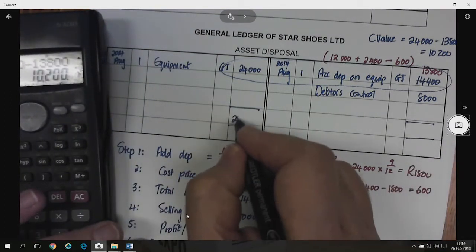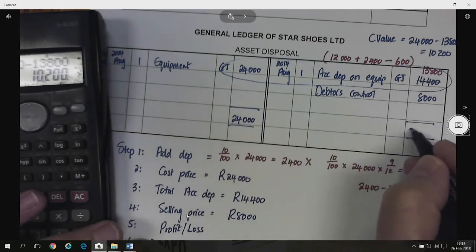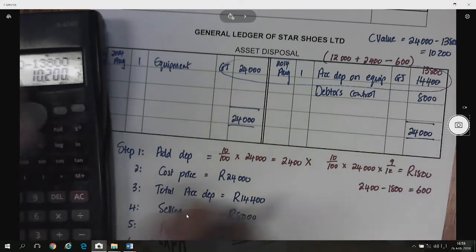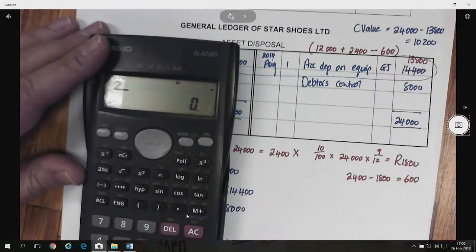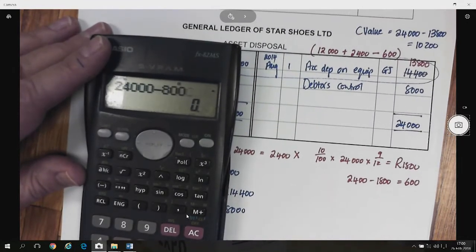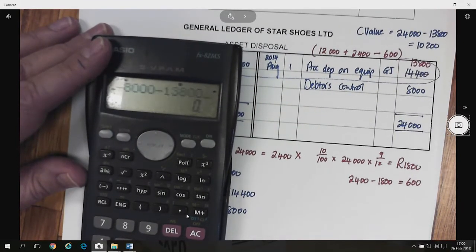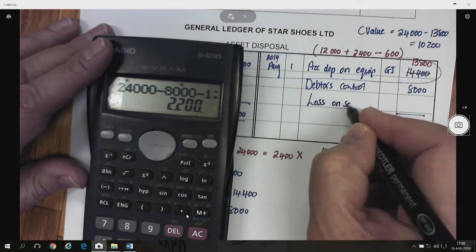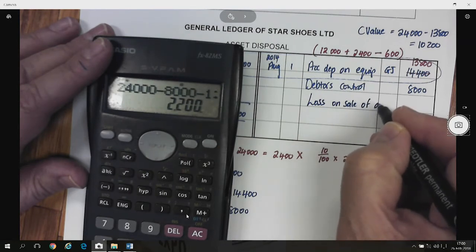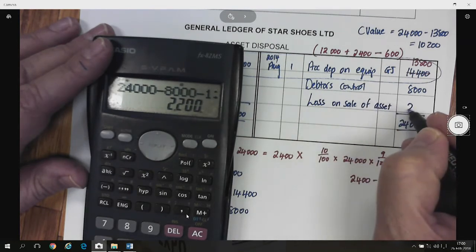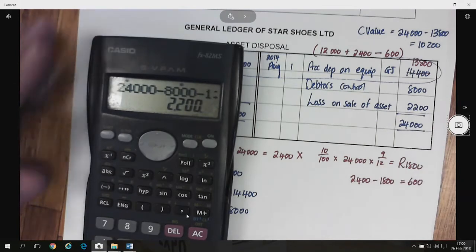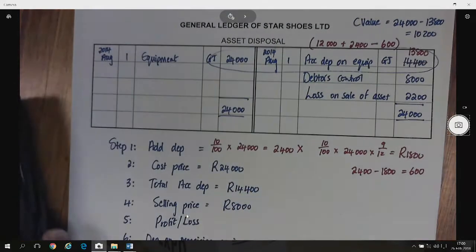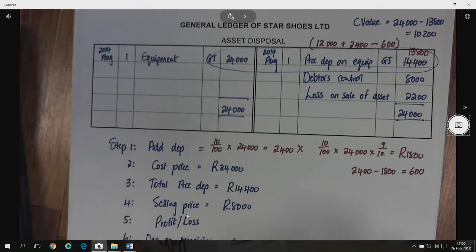But to calculate your loss, put the 24,000 there, and you just say 24,000 minus 8,000 minus 13,800, and that gives us a loss on sale of asset of 2,200 Rand. Everything in this asset disposal account is 100% correct because we already corrected the mistake.